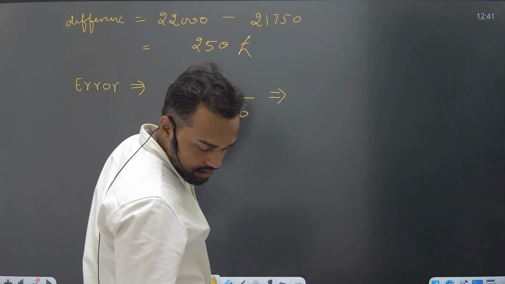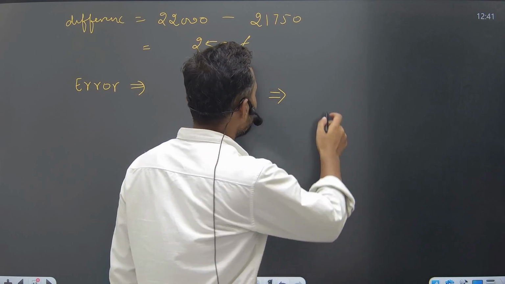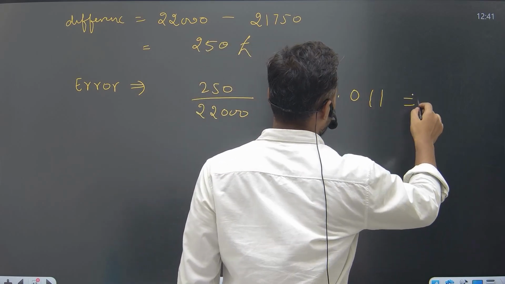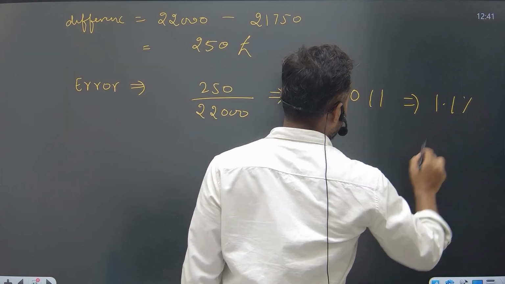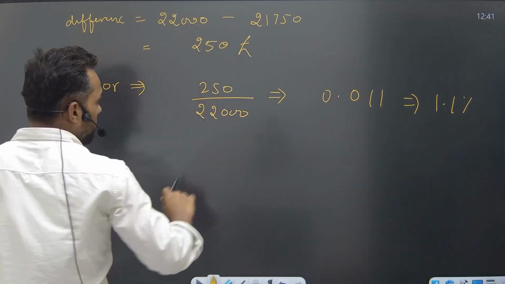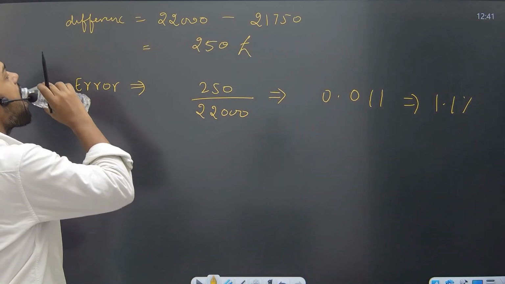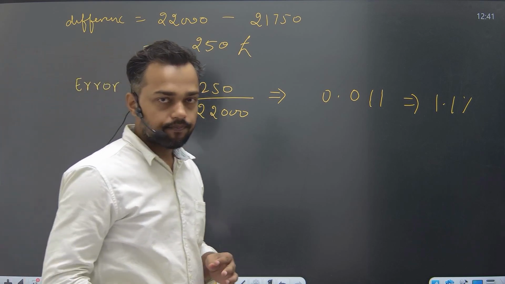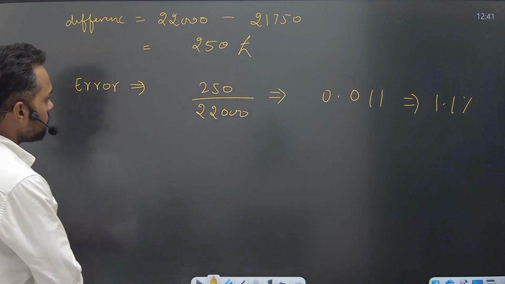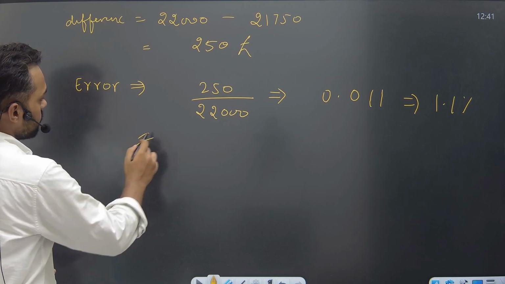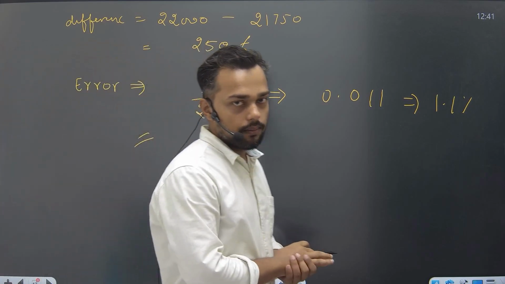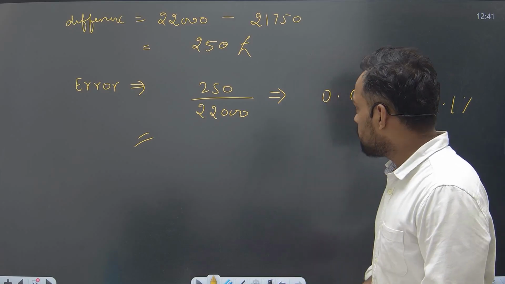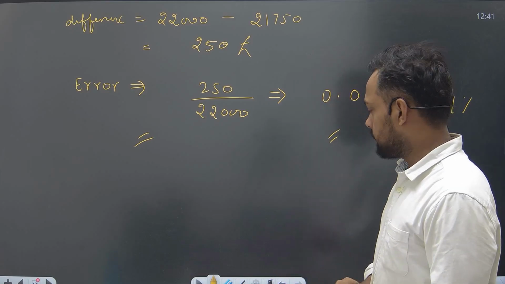We are getting the value of 0.011, so we can say that a 1.1% error is there. This needs to be mentioned in the solution paper, then only you will be getting full marks.